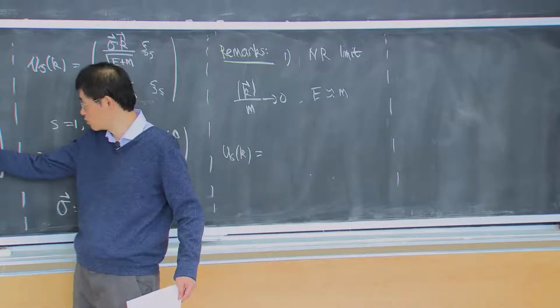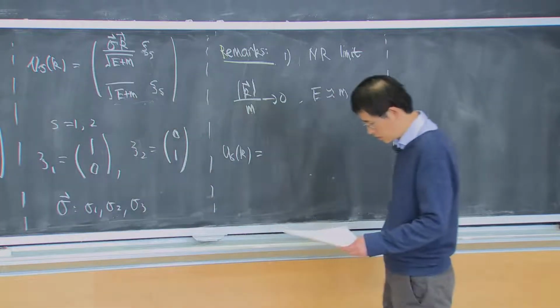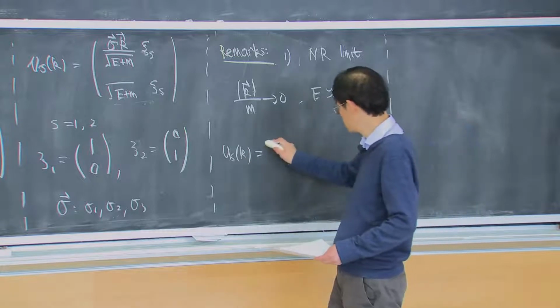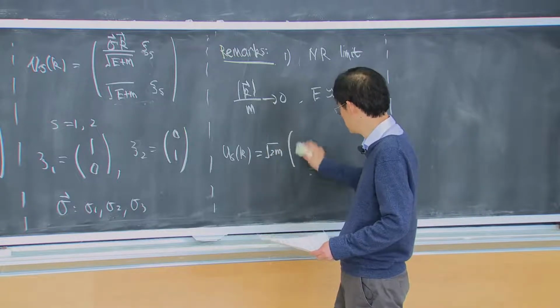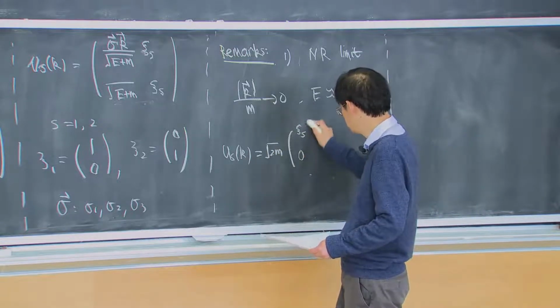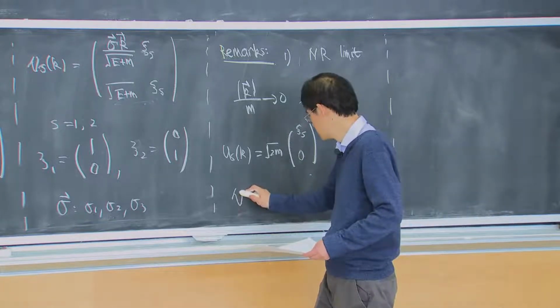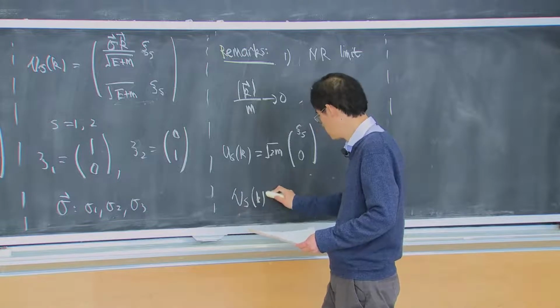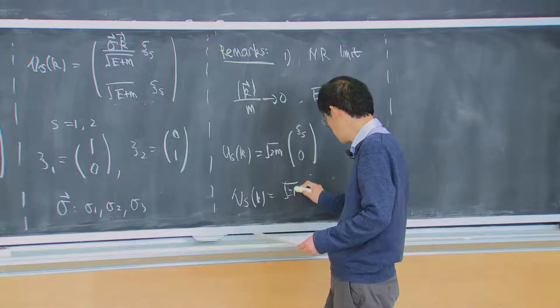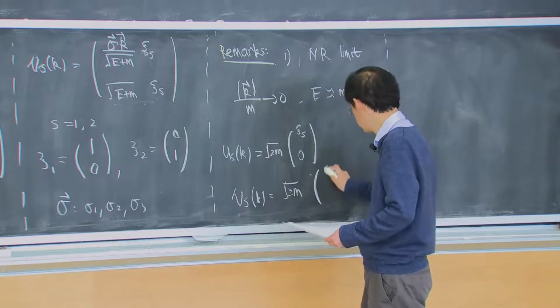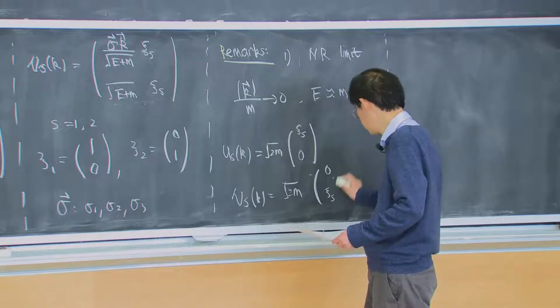And here is the square root M. So to leading order, you have square root 2M, psi S, 0. Similarly, V_S(K) equals square root 2M at leading order, 0, psi S.